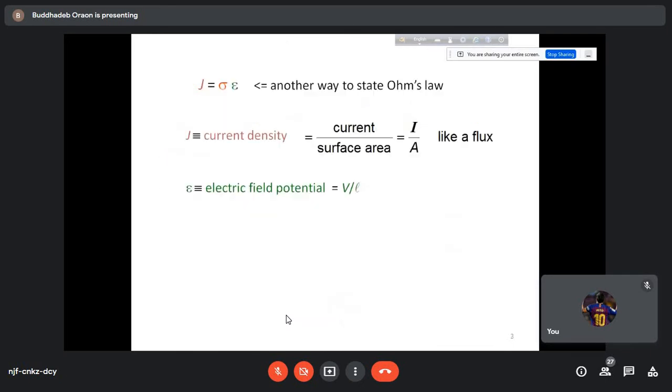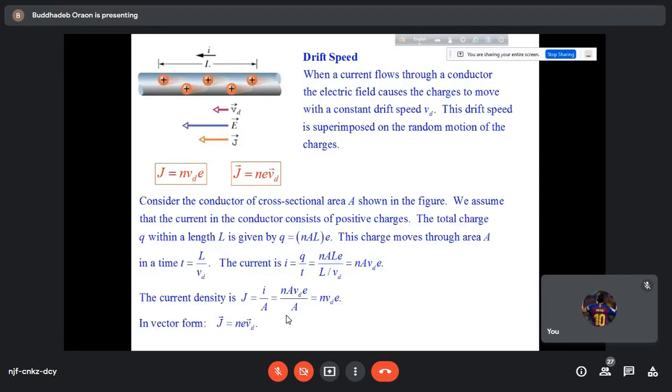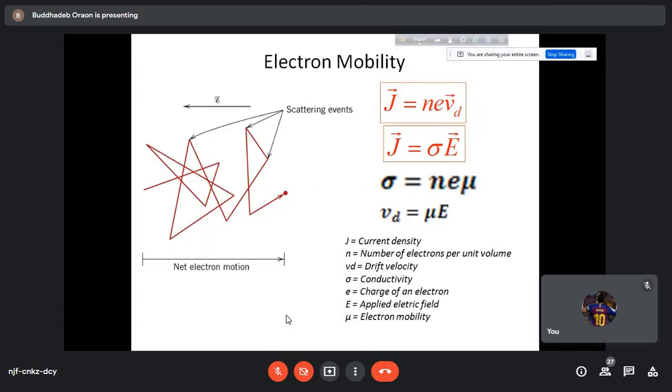Then resistivity, conductivity, current density, all these equations you are quite well known. Then you know the concept of drift velocity of electrons and the related equations, electron mobility.